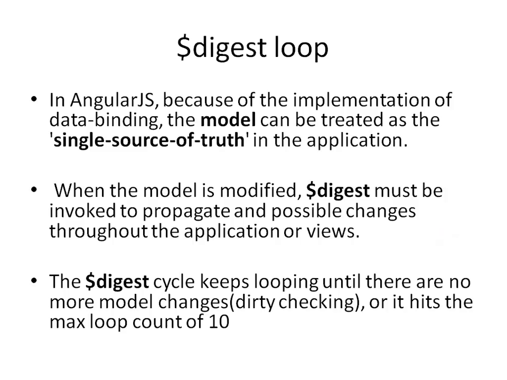Within two or three loops itself, it will get the latest value of all the models throughout the application. Else the maximum hit will be 10 loops. If it crosses the 10 loops, Angular will throw an exception, saying something is happening differently.